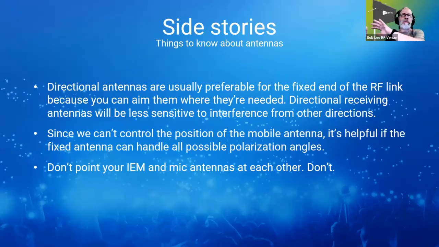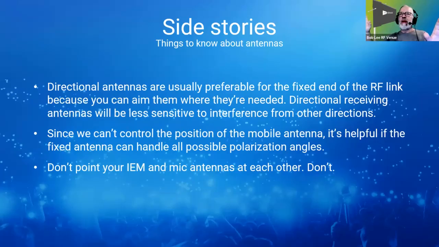Just don't. Put them on the same side, or if you have one in front of house and one on the side of the stage, okay, that's fine, but don't point them at each other. If you have them both on the same side of the stage or at front of house, separate them by 5 or 6 feet or so.